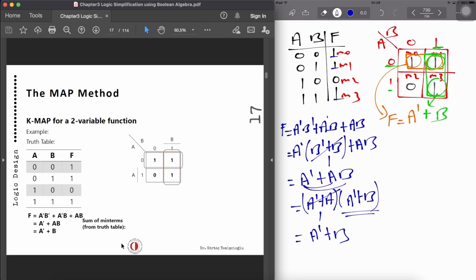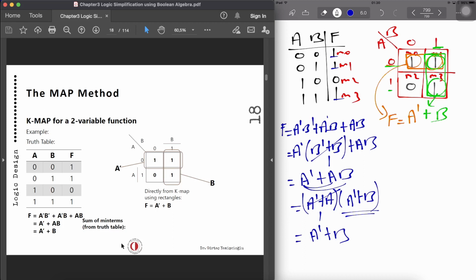We identify our largest possible combinations, and we find out what is not changing, and we write the expression. It's pretty straightforward. And we are doing this either for 2 variable, 3 variable, 4 variable, 5 variable, even for 6 variable, you can go for it.